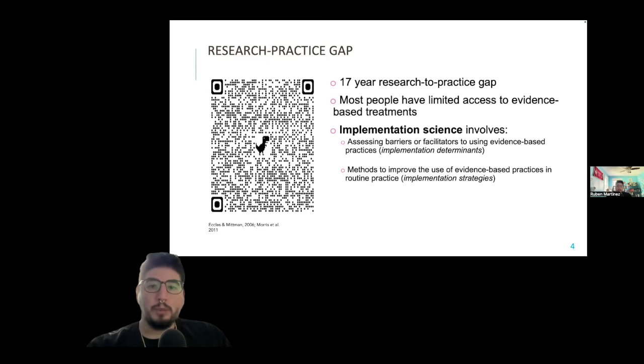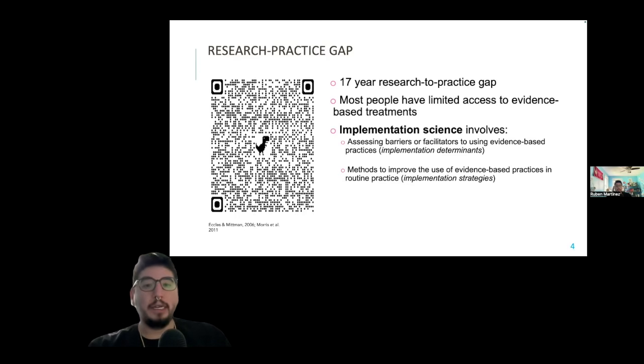And I'll talk a little bit more about these. But implementation strategies, I don't want you to be scared of them. They're really just things like training, providing evidence, redesigning workflows, those kinds of things. But what is important about implementation science is that we don't just deploy these willy-nilly. We don't just do the strategy that sounds best.